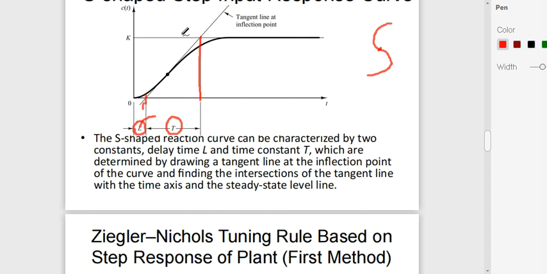So we find the delay time L and time constant T.